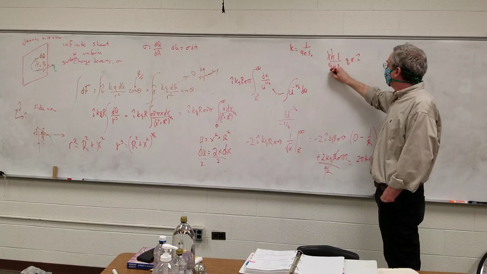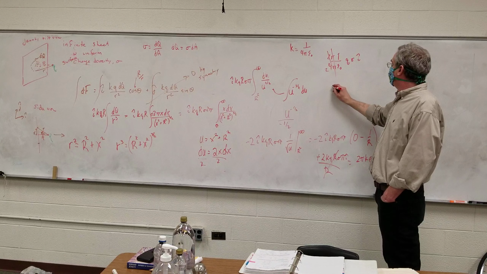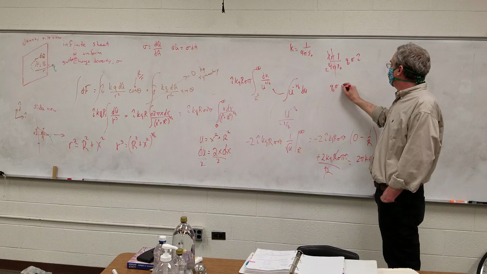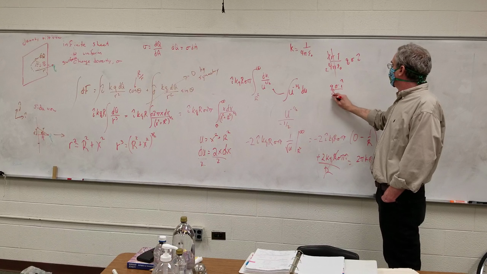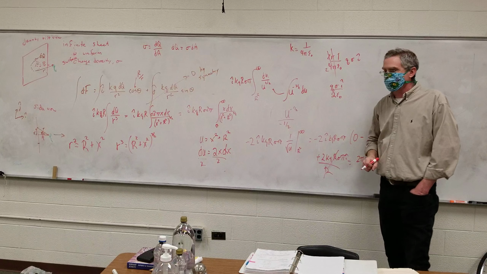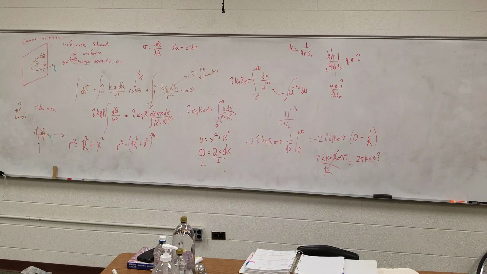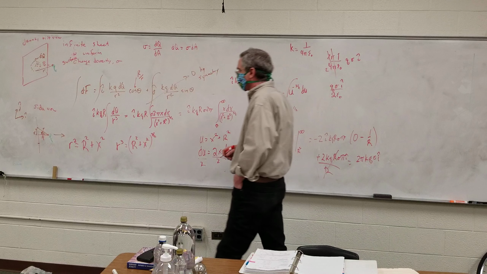Pi's cancel out. I get a 2 in the bottom, so I'm left with q sigma i hat over 2 epsilon sub naught, which is a slightly simpler form. Or at least it looks like it to me. Not dealing with that pesky pi.